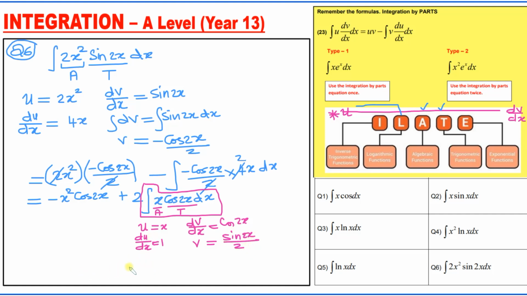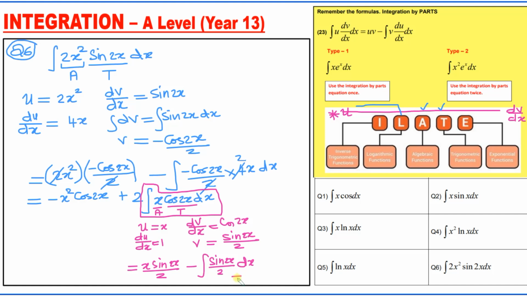Now for that particular question we find the answer u times v. So x times sine 2x over 2 minus integrating v, which is sine 2x over 2, du over dx is 1, and dx, right? And now that is the answer.